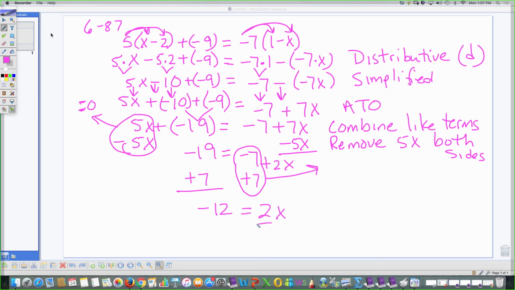That's all that's left over here. And then I'm going to divide both sides by 2, because this is going to make my giant 1. So now we just have x equals -12 divided by 2 is -6. And this should be our solution.